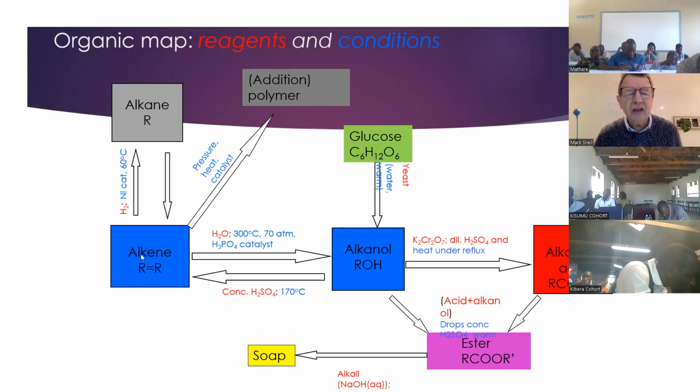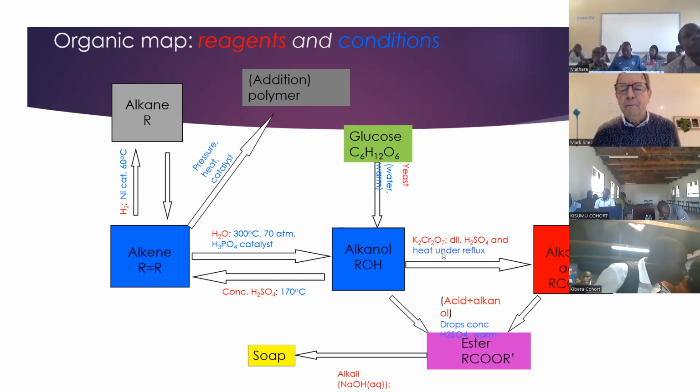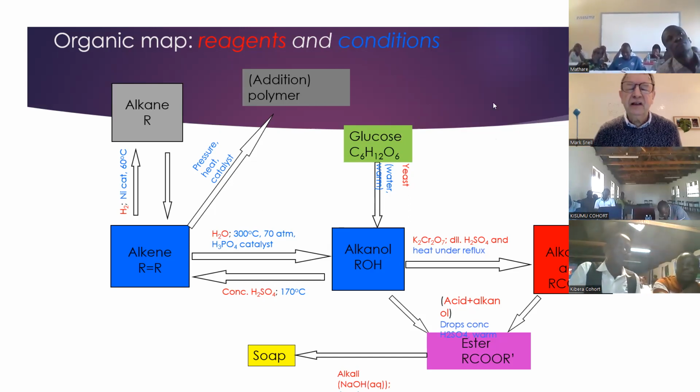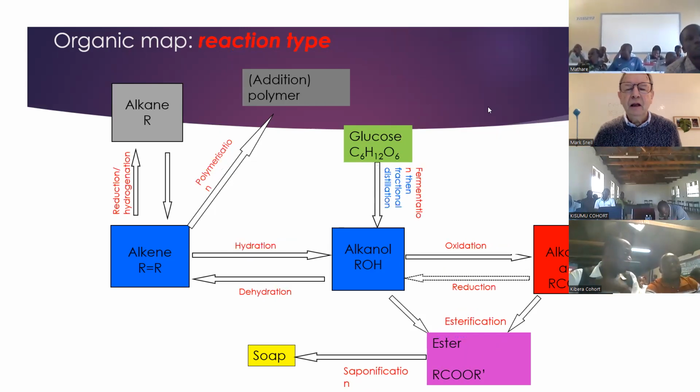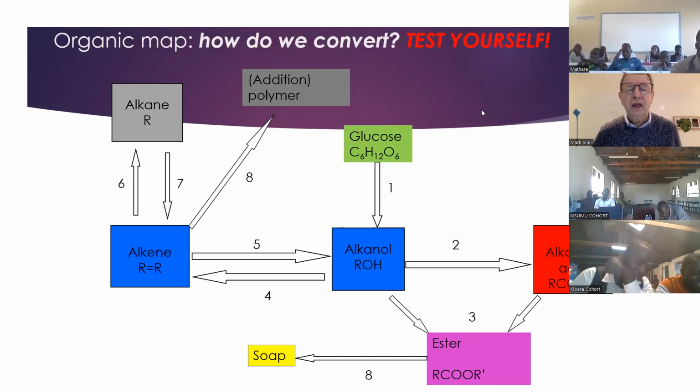But if they can remember that alkenes can be turned into alkanols by adding water, they are on their way. If they can remember that potassium dichromate or permanganate and acid will make an alkanoic acid, that's fantastic. And then there are the types of reaction: oxidation, reduction, hydration, dehydration, saponification, and so on.